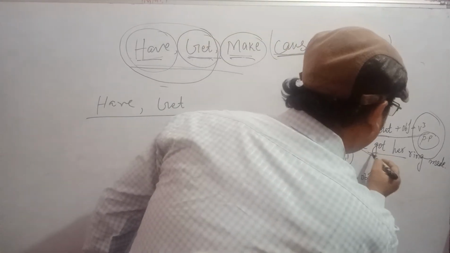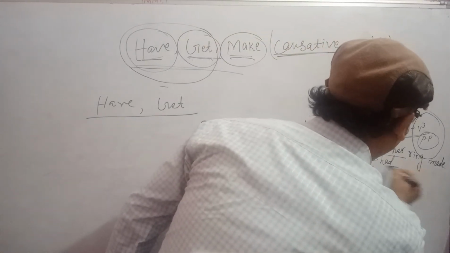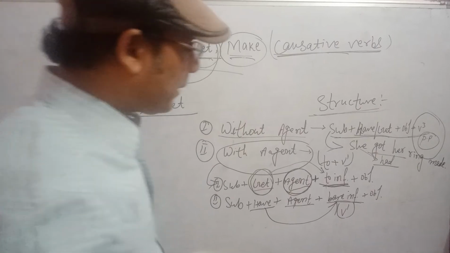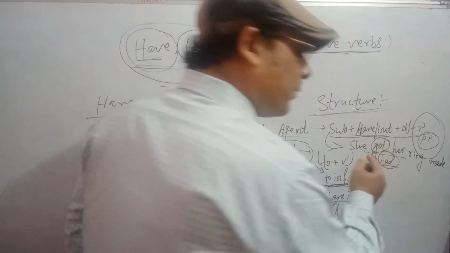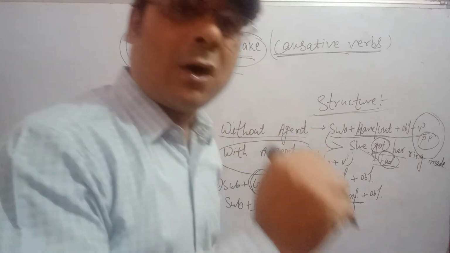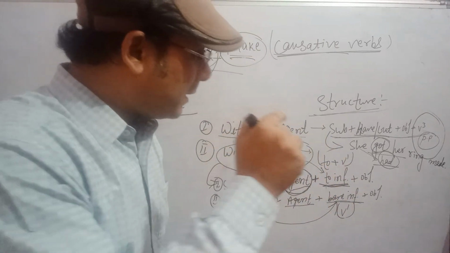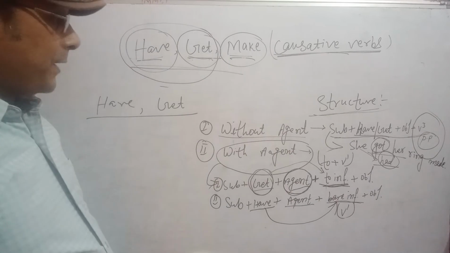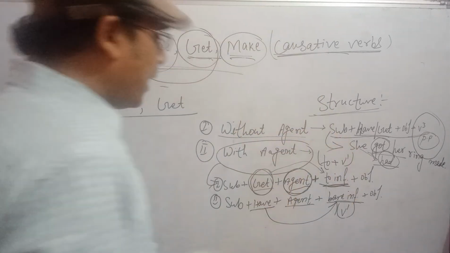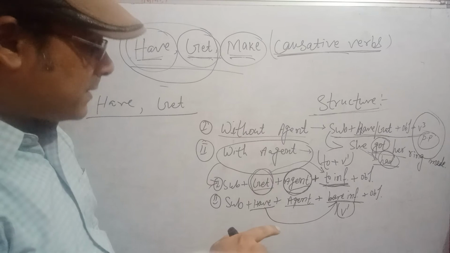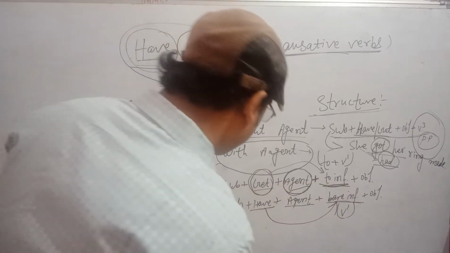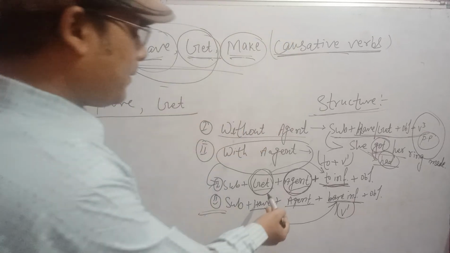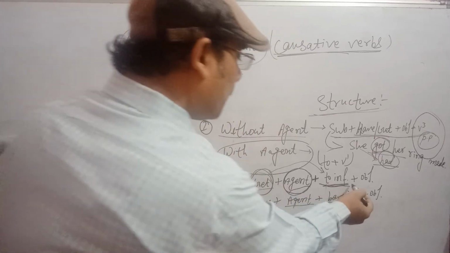Now students, if you write had, this is also no difference. There is no difference if you use got or had, get or have, if the agent is not mentioned. But if the agent is mentioned, with agent, subject plus get, if you use get, to infinitive.